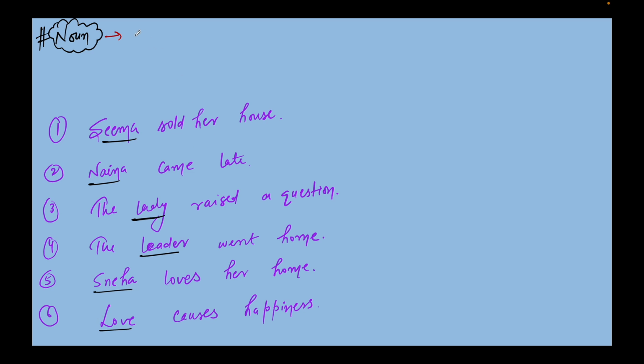But here I would say it is a naming word. Noun is nothing but a naming word. Means those words which can reflect the name of anything in the universe. If you are giving a word to anything and that word gives a name of that thing, in that case, that will be a noun.